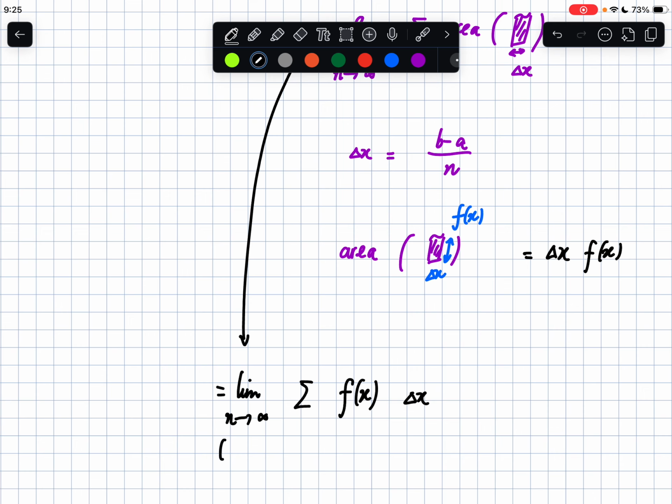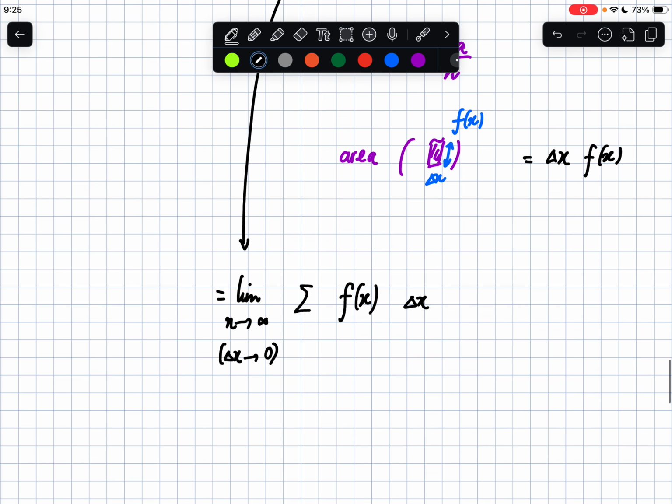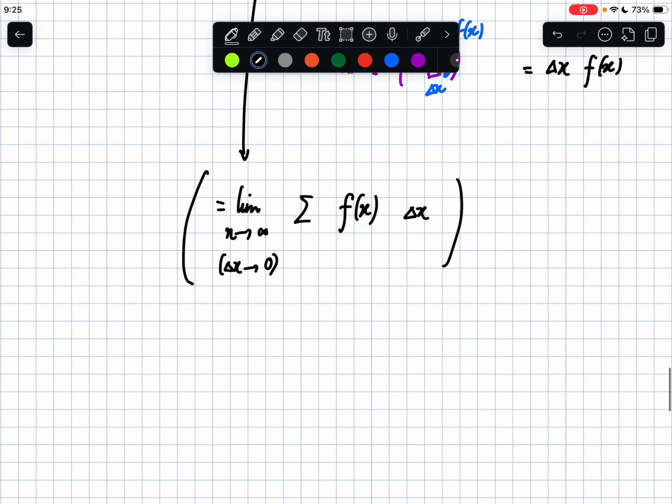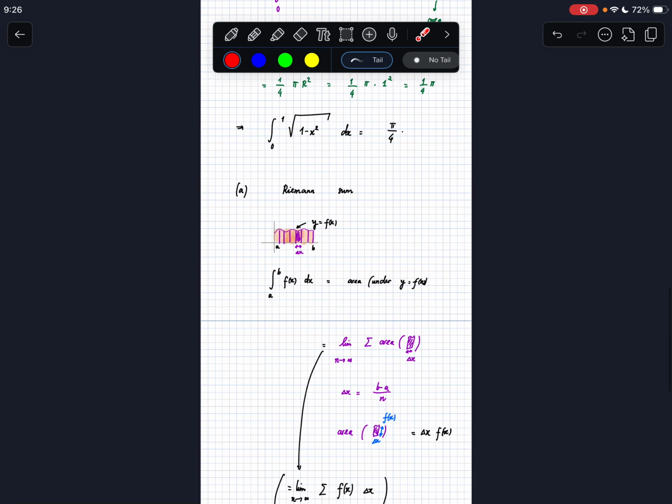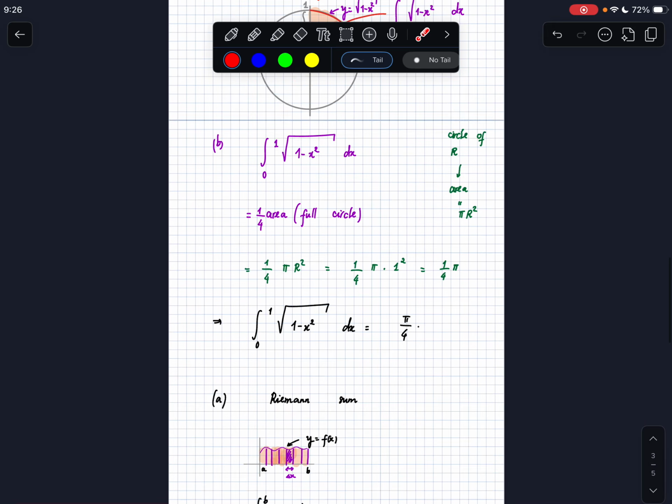This is the same thing as delta x tending to 0. And in the integration notation, we have the integral from a to b of f of x dx. So we are trying to write down this Riemann sum for the question. That's enough for the review.